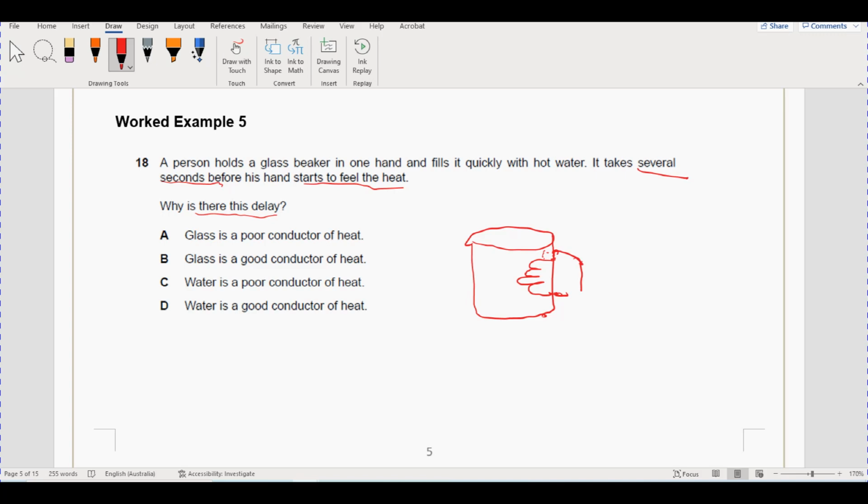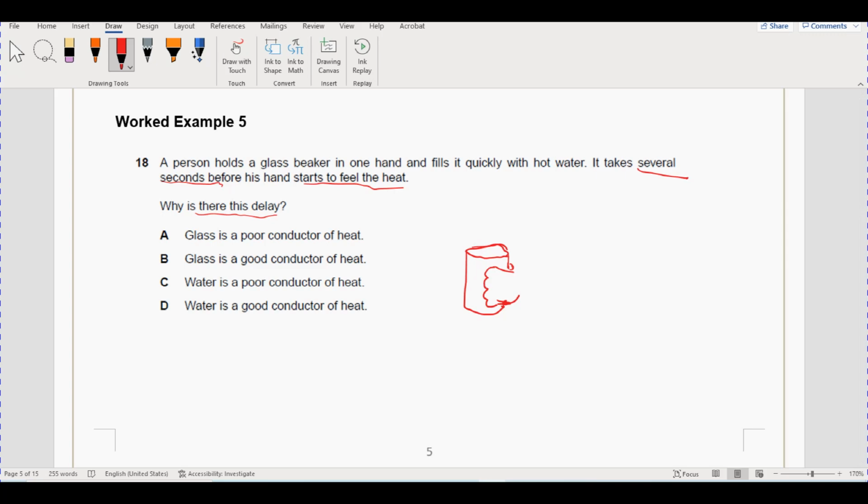Your hand will start to feel the heat after several seconds. Why is there the delay? The reason? Think about it for 1 or 2 minutes. Let me pause. Okay, I improved my drawing a little bit, still ugly.